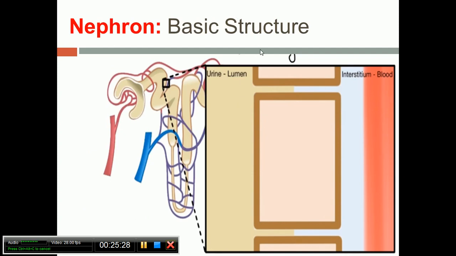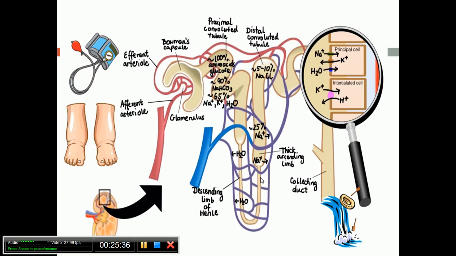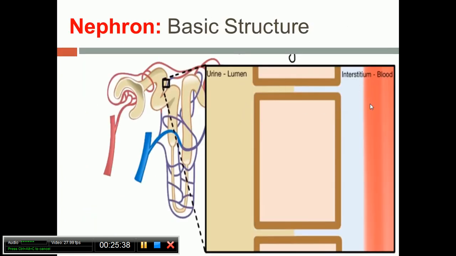Here, this is the basic structure again. Just to emphasize, this is the blood vessel. Any of the segments could be there. This is the nephron, magnified nephron. This is one side of the nephron.